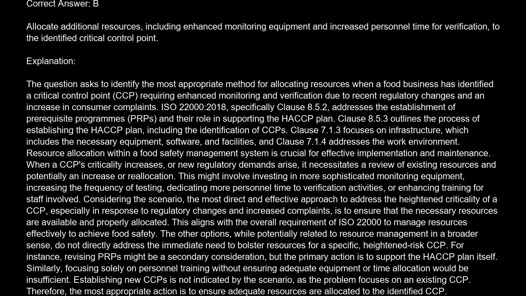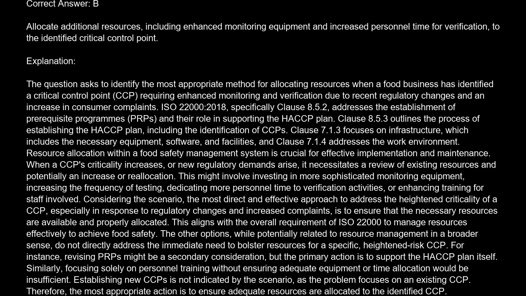Resource allocation within a food safety management system is crucial for effective implementation and maintenance. When a CCP's criticality increases or new regulatory demands arise, it necessitates a review of existing resources and potentially an increase or reallocation. This might involve investing in more sophisticated monitoring equipment, increasing the frequency of testing, dedicating more personnel time to verification activities, or enhancing training for staff involved.